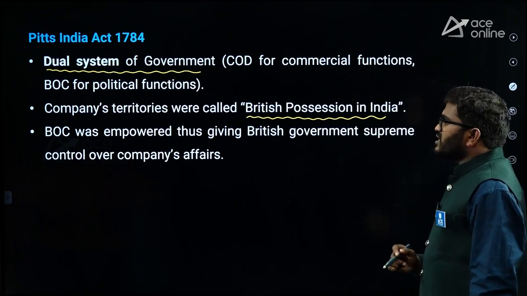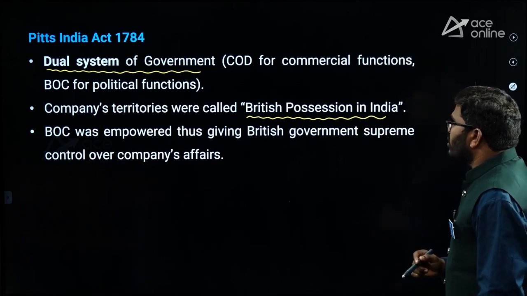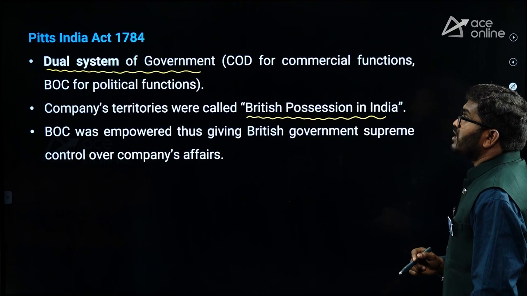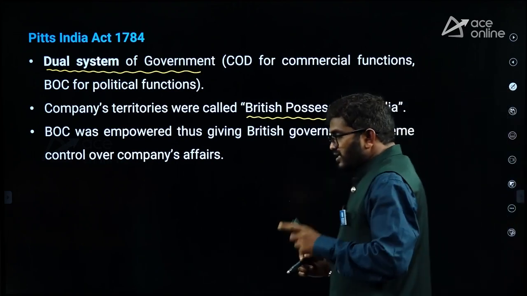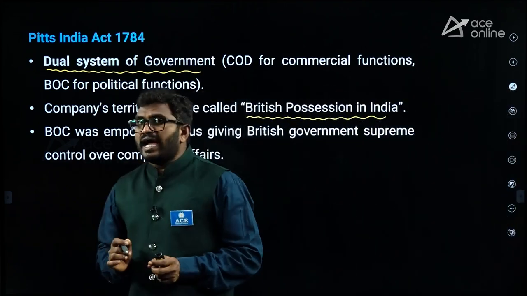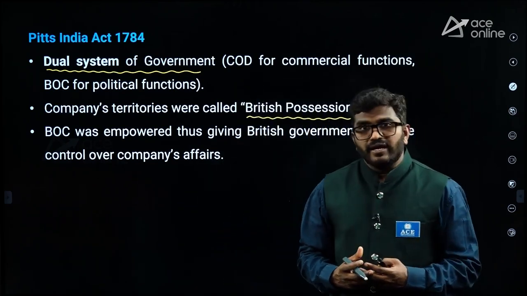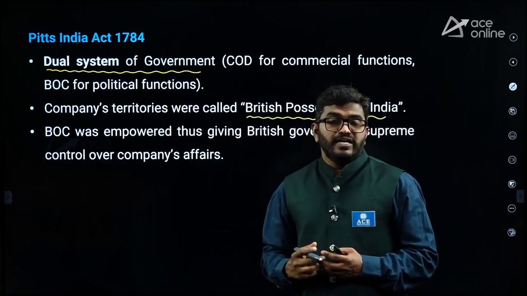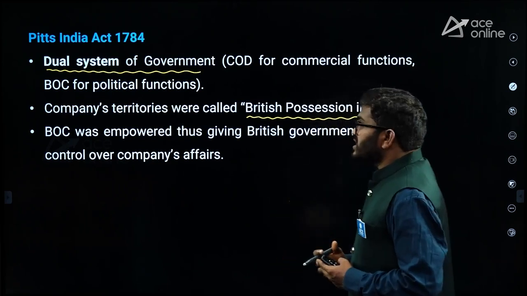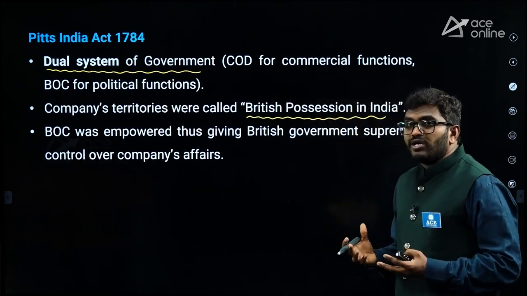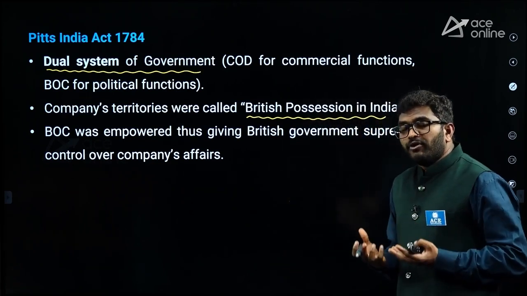The Board of Control was empowered, thus giving the British government supreme control over the company's affairs. Now listen, up to this Pitt's India Act, the company was running its own trade. The company was the final authority in India. But after this Pitt's India Act, the Board of Control got more empowered.